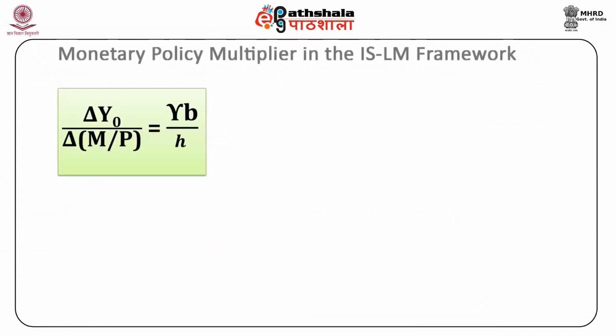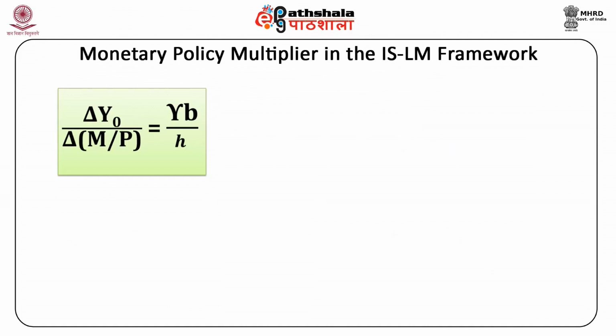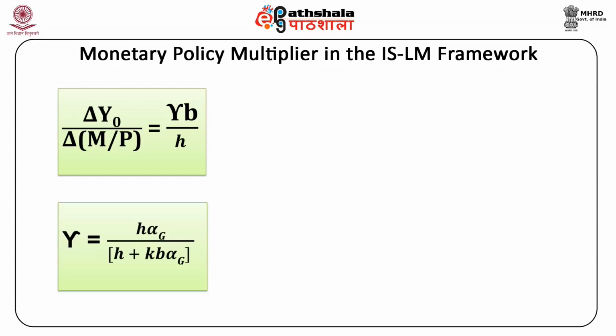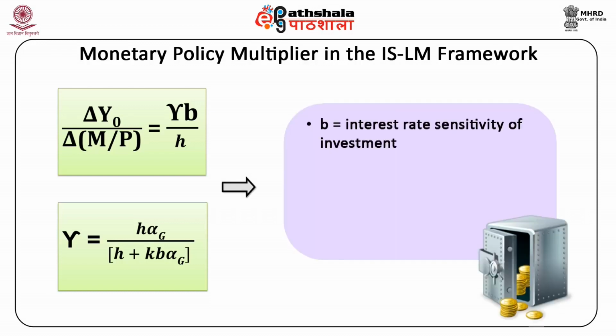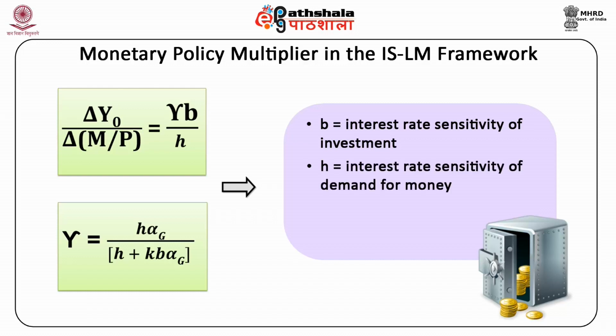Change in Y0 divided by change in M/P is equal to γ·B/H, where γ is equal to H·αG divided by H plus K·B·αG, where B is the interest rate sensitivity of investment, H is the interest rate sensitivity of demand for money, and K is the income sensitivity of demand for money.